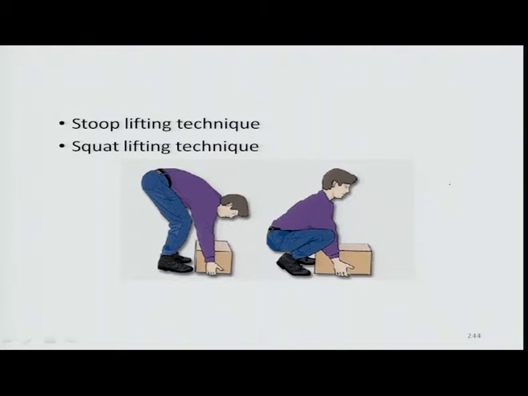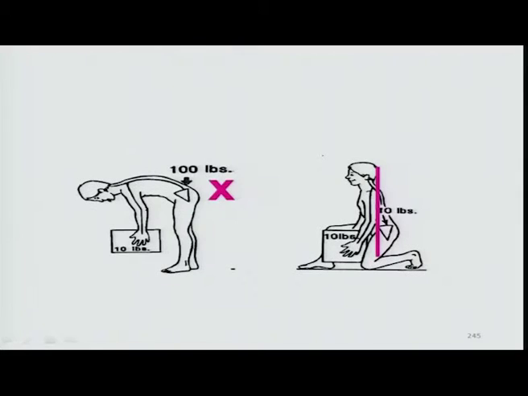So, these were the two different postures, and we basically advocated that in the squat lifting technique there may be a lesser possibility of damage to the musculotendinous structure which the human body has.